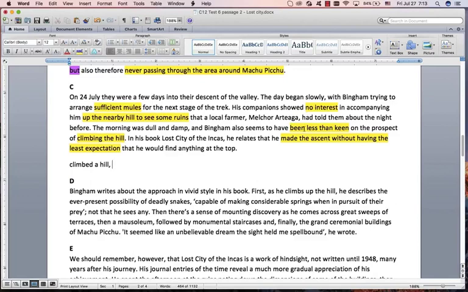No interest, less than keen, without expectation. And that's the repetition again. The companions had no interest, he was less than keen, and he didn't have expectations. So the whole paragraph is about climbing a hill, but he wasn't very keen. He didn't have expectations. He wasn't enthusiastic.